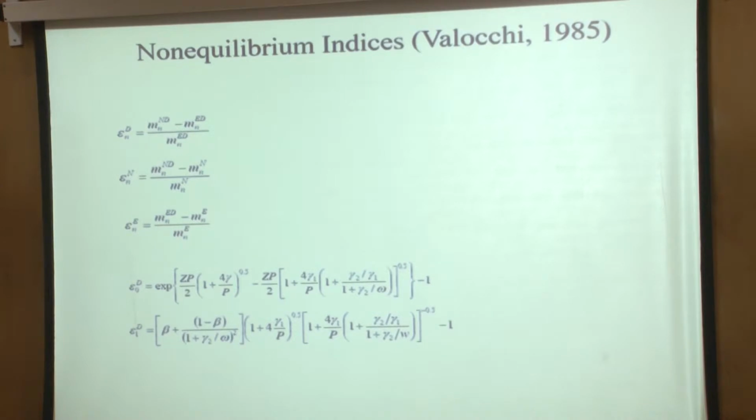So now let's talk a little about non-equilibrium indices, an idea that Valocchi introduced in 1985. What he was looking at was, we have all these moments that we compute, and I could do this as we have done over here for the physical non-equilibrium model.